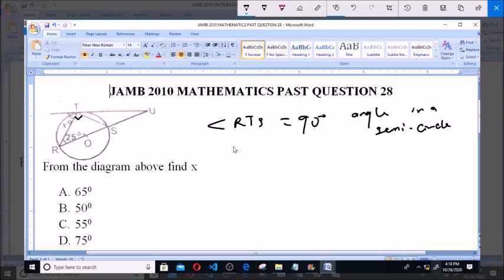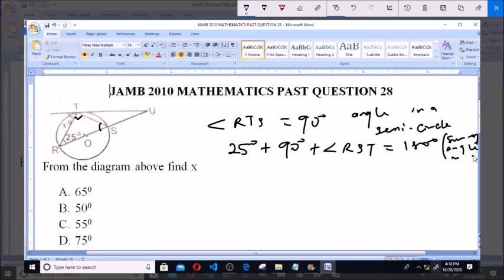Now we can say that this 25 degrees, plus this 90 degrees that I've gotten, plus angle RST, this angle here, is equal to 180 degrees. Why? This is because of the sum of angles in a triangle.